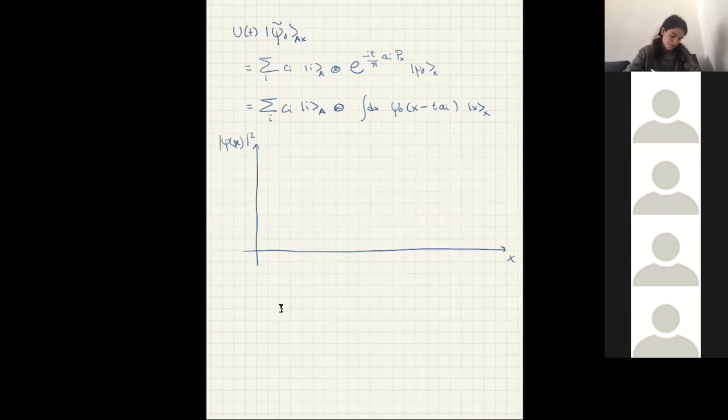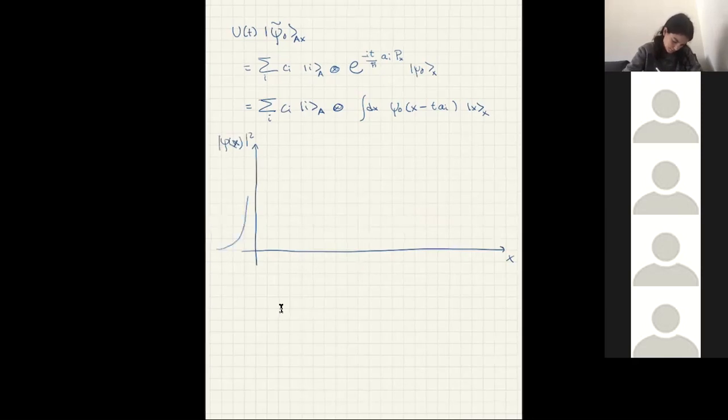And let's say that the original one was something like this. Say that this is f0. And now after this, what we have is kind of a superposition of it being centered around different places.